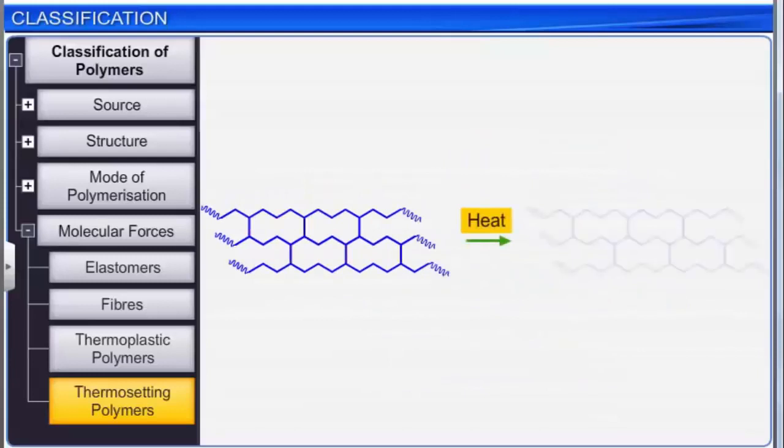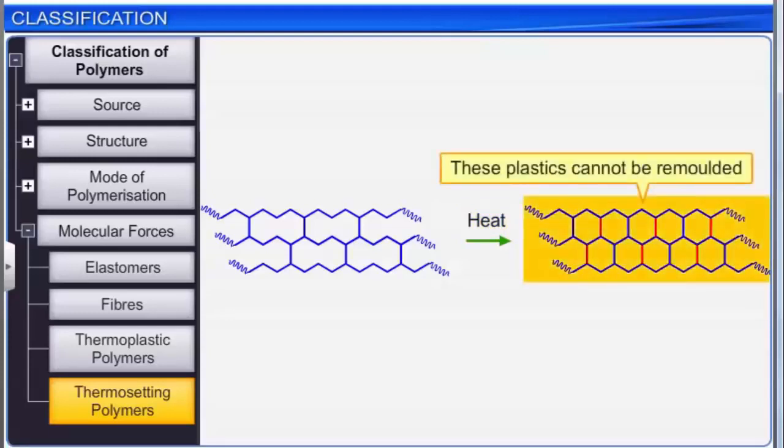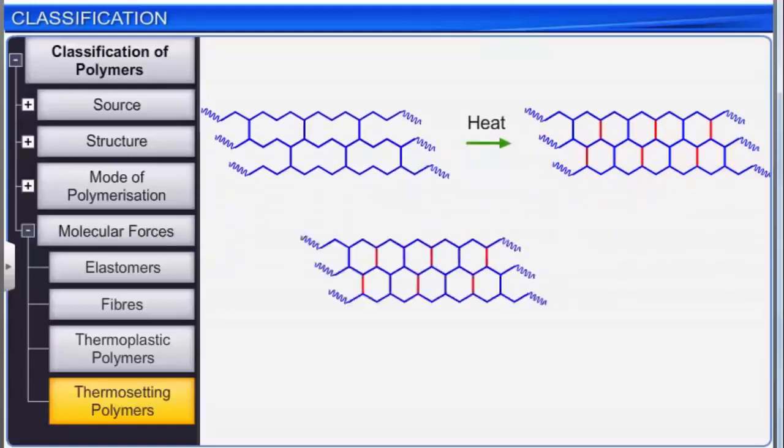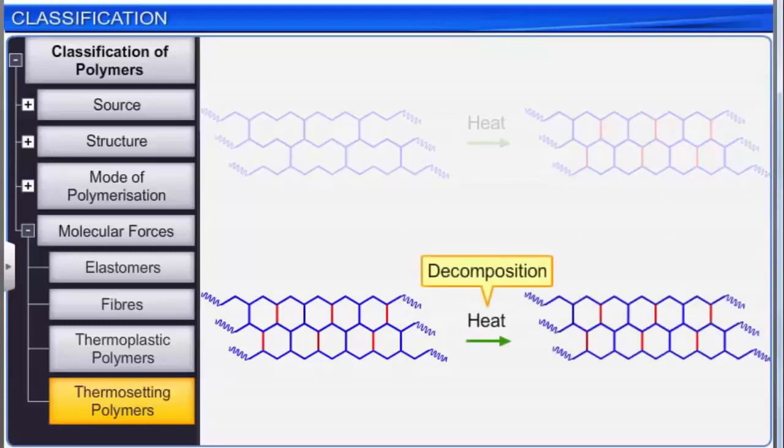When heated, they form extensive cross-linking. As a consequence, these plastics cannot be remolded. Additional heating causes a thermosetting polymer to decompose, as the chains are unable to separate.